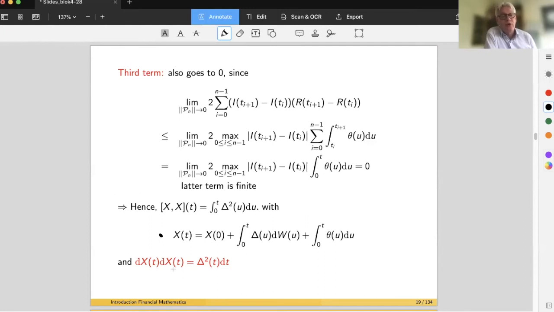And in other words, in differential form, dx dx t is equal to delta square t dt. That is easy to remember. The expression in differential form is easy to remember, and by that you can also immediately remember the quadratic variation form.